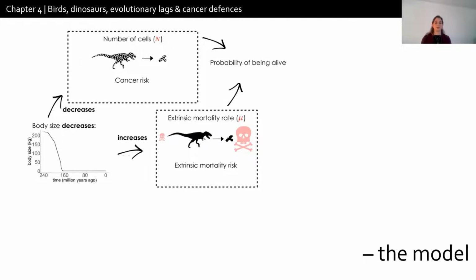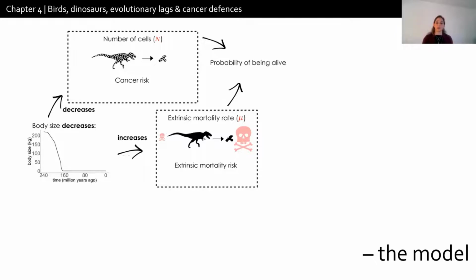In the second chapter, I already talked about the fact that large-sized organisms might have some advantages in terms of survival probabilities against predators and things like that. So we assume that as organisms get smaller in size, they have an increased risk of dying from extrinsic causes. In a nutshell, the importance of these two different risks shifts while the birds get smaller in size.